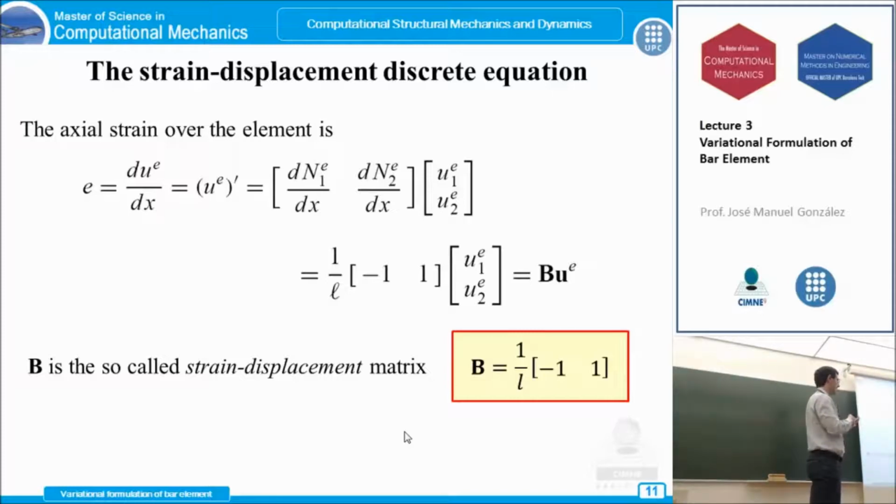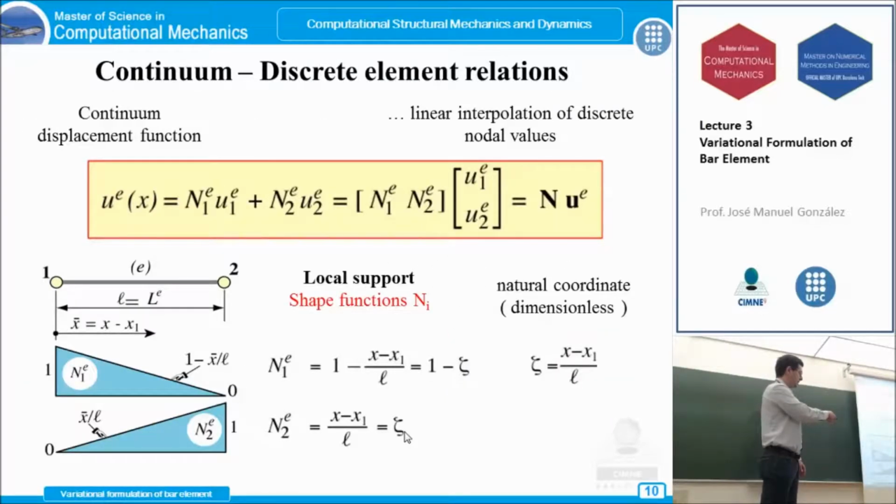The derivatives of the shape functions with respect to x are 1 divided by L, and minus 1 divided by L in the other case.